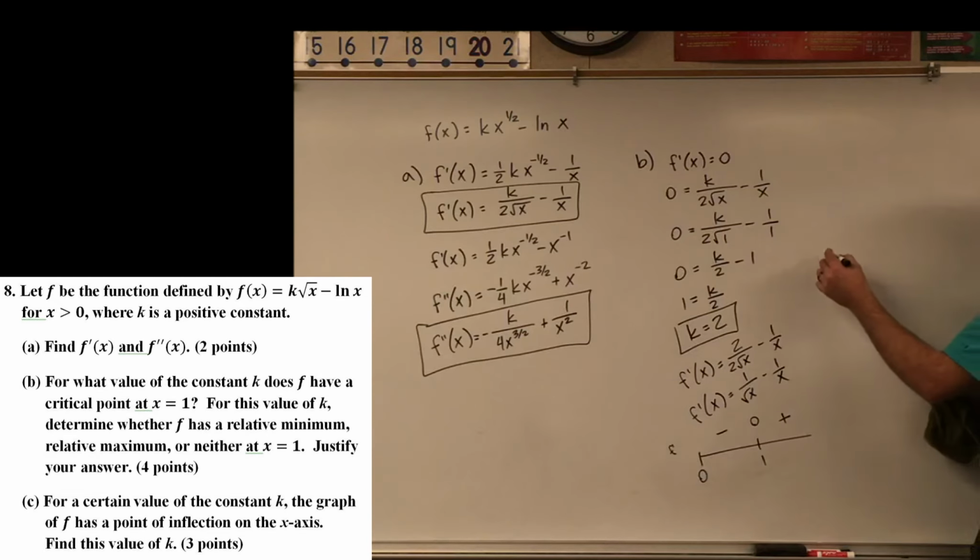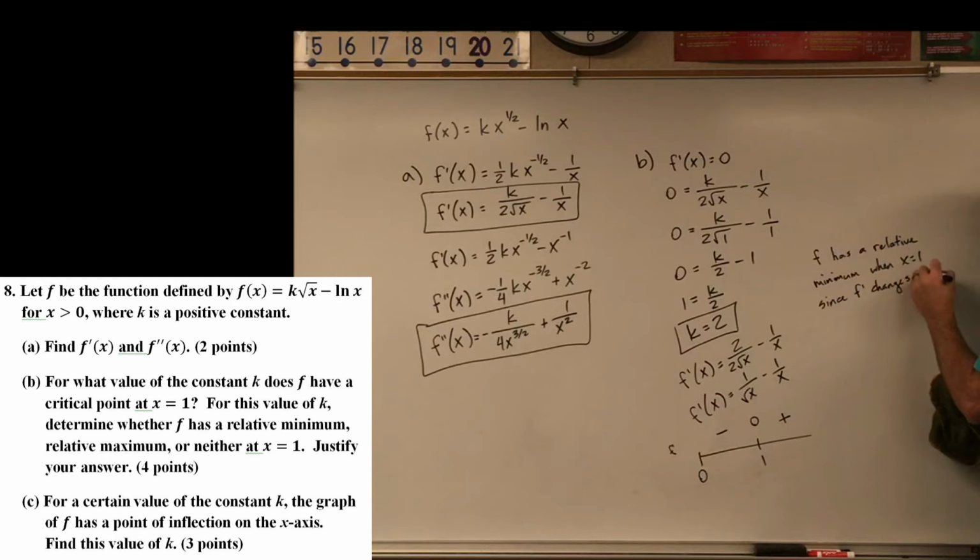So we'd say f has a relative minimum when x equals 1, since f prime changes signs from negative to positive.